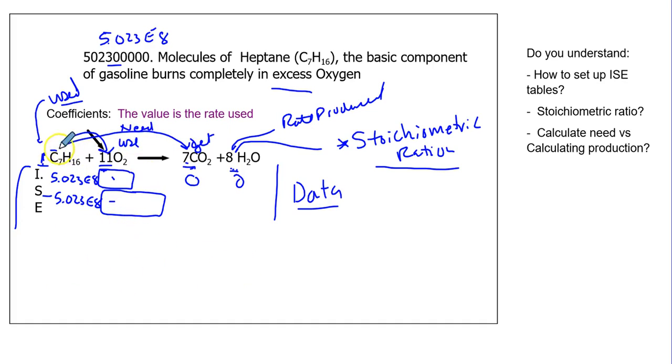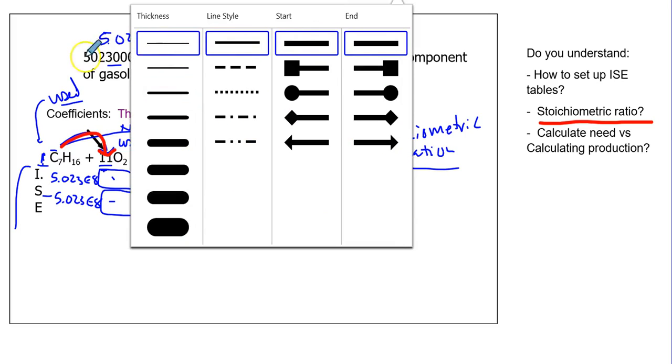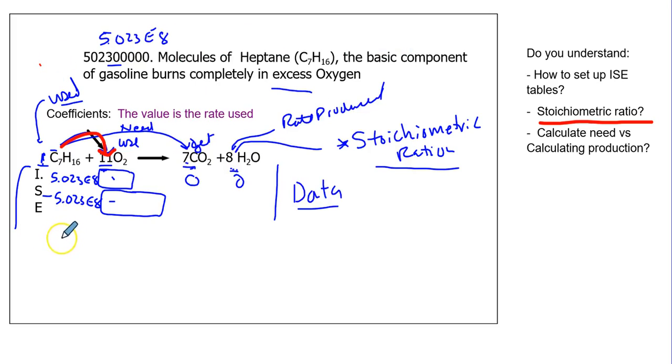Now, whenever I draw an arrow like this is a pretty important idea. When I draw an arrow like that, that means I am using the stoich ratio. So for every one of these guys I have, I need 11 of these. Now, I use the word need.